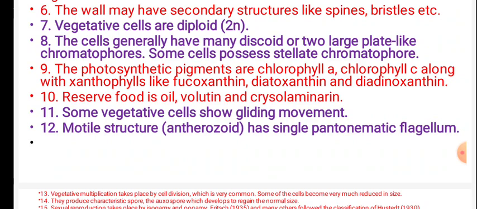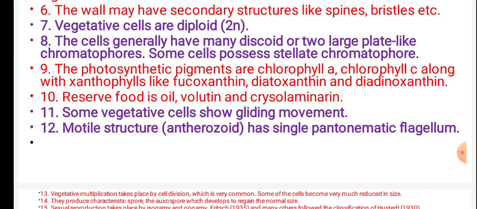They also show stellate, that is star-shaped, chromatophores. The different pigments are chlorophyll a and chlorophyll c, along with xanthophylls like fucoxanthin, diatoxanthin and diadinoxanthin. The reserve food is oil, volutin and chrysolaminarin.